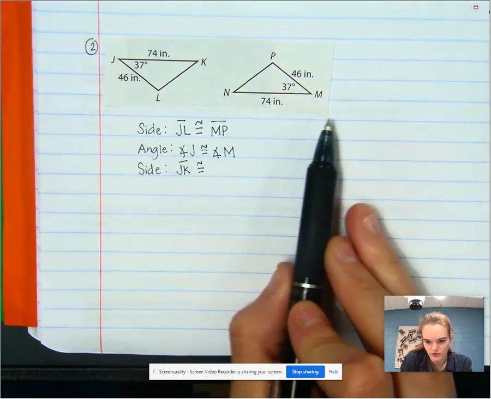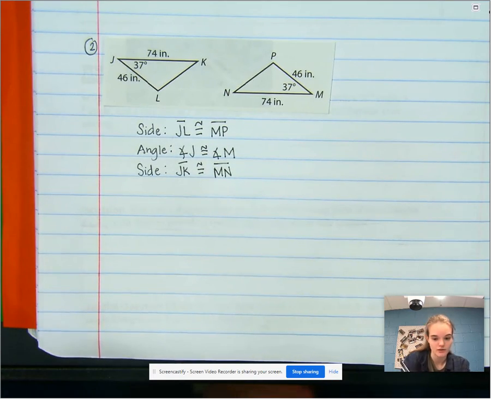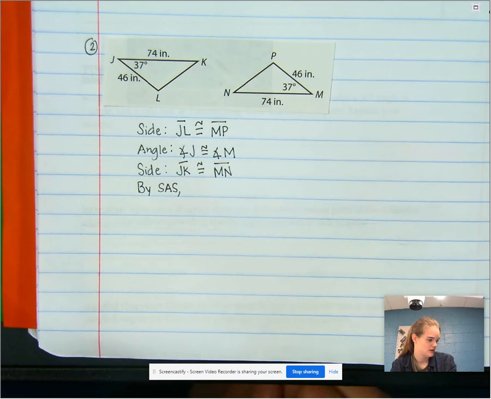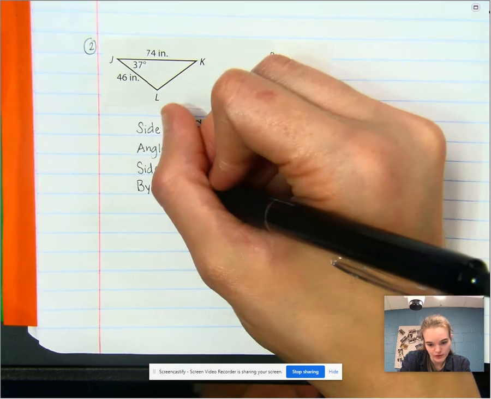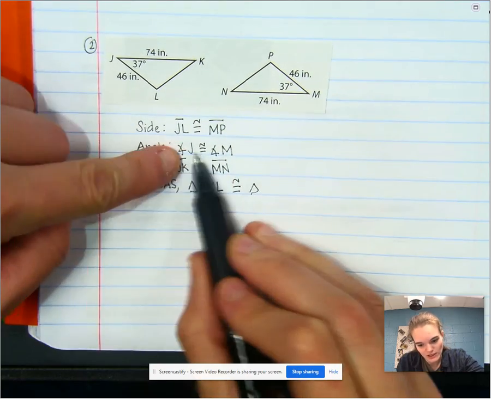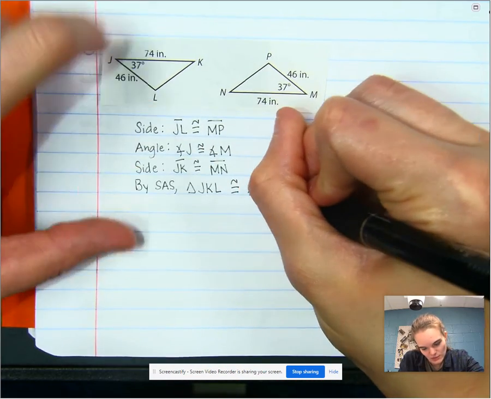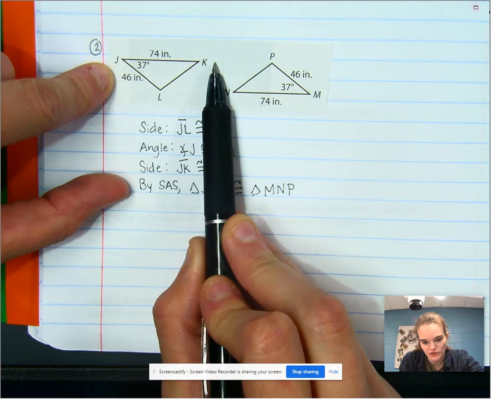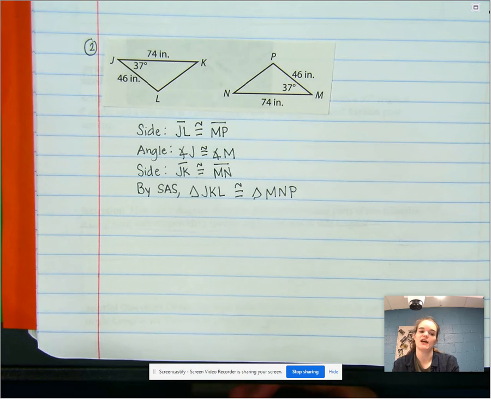And J to K is congruent to M to N. Okay, so therefore, by side, angle, side, triangle JKL is congruent to, and I really got to think about this, J and M are congruent, so it's M. J to K is M to N, and then P. And I can just look, JKL, J is at 37, we go across the 74 degrees, so M, N, P. Okay, you have to make sure order is correct. So there's what we're working with today, is side, angle, side.